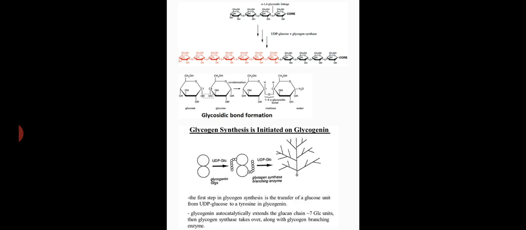Here also, UDP glucose is the donor. After the synthesis of oligosaccharide, that is primer, glycogen synthase takes over the role to extend the glycogen molecule.